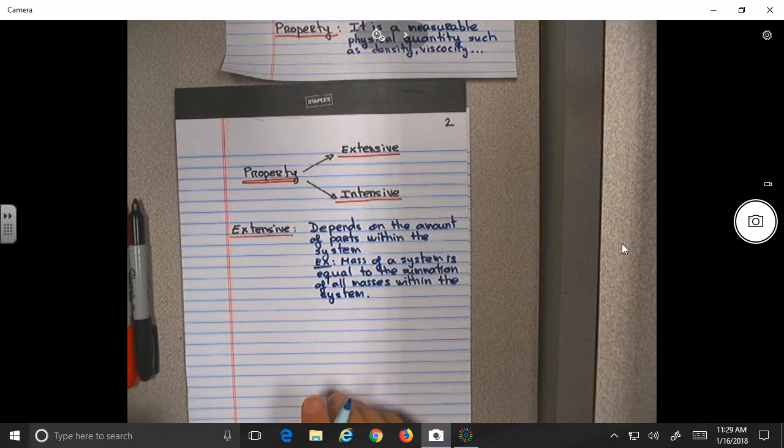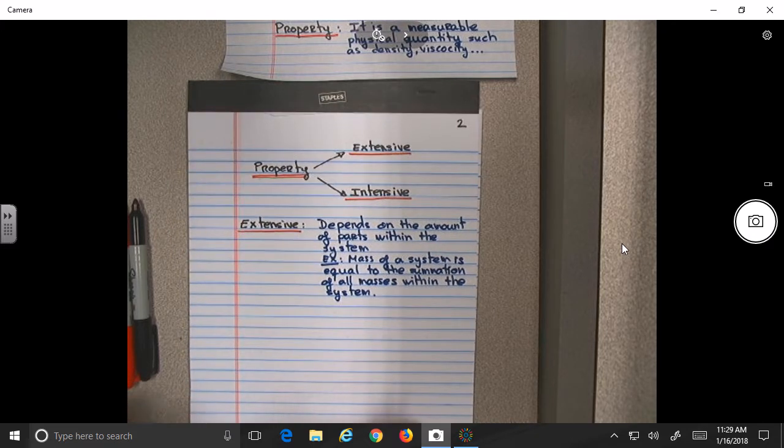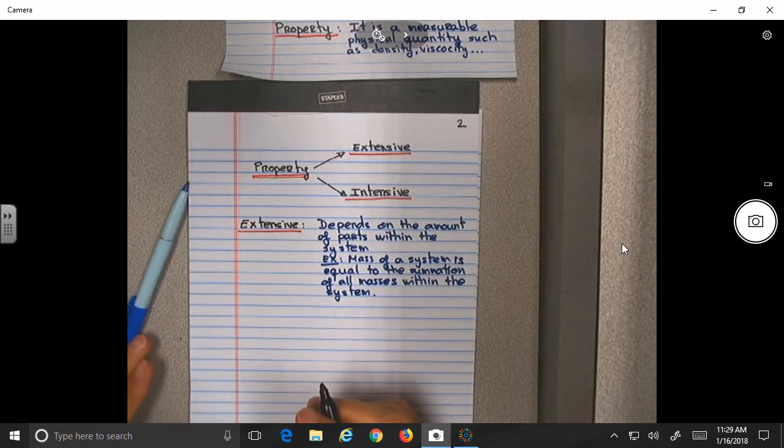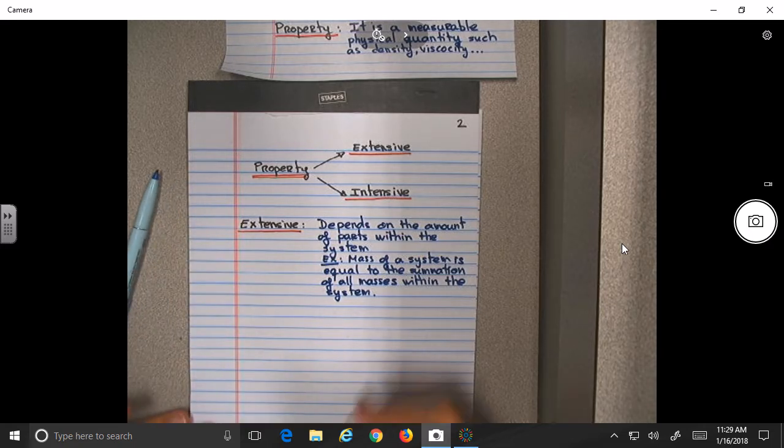Is that more or less what we said? I don't try to give anything complicated. The important part here is not the definitions, it's the concepts, the idea behind.